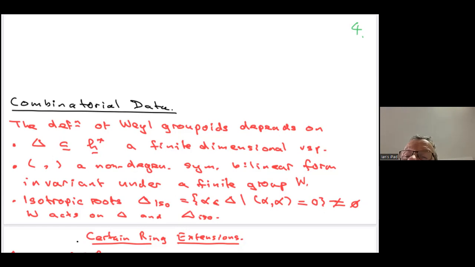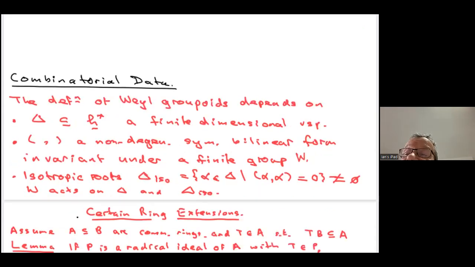And you have a non-degenerate symmetric bilinear form, which is invariant under the finite Weyl group W. And then you have some isotropic roots. These are all alpha in Delta such that (alpha, alpha) is 0. And this should be non-empty.